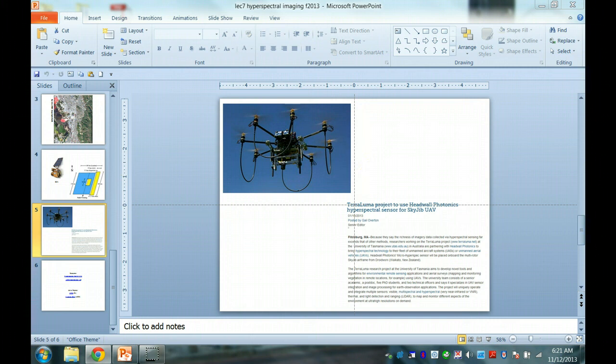They do have a series called the Micro-Hyperspec sensors, which range out to almost 370 channels. Again, it's a variable range, but it typically ranges from the UV all the way out to about 2,500 nanometers or 2.5 micrometers.